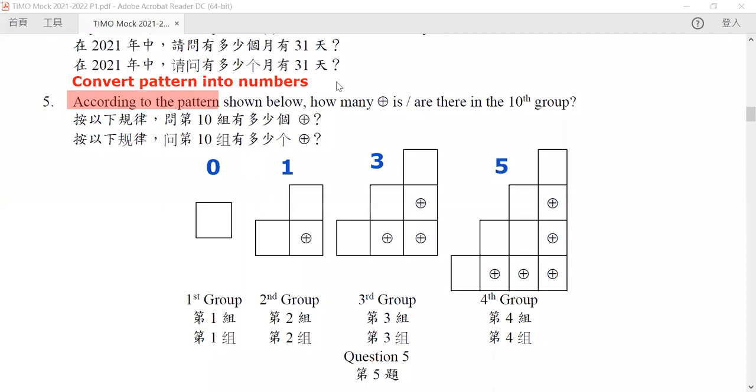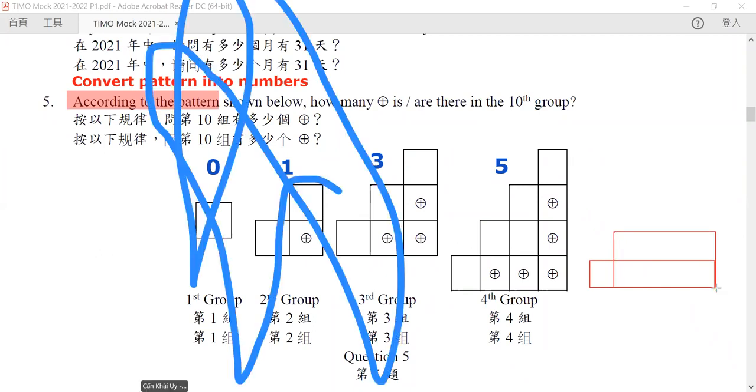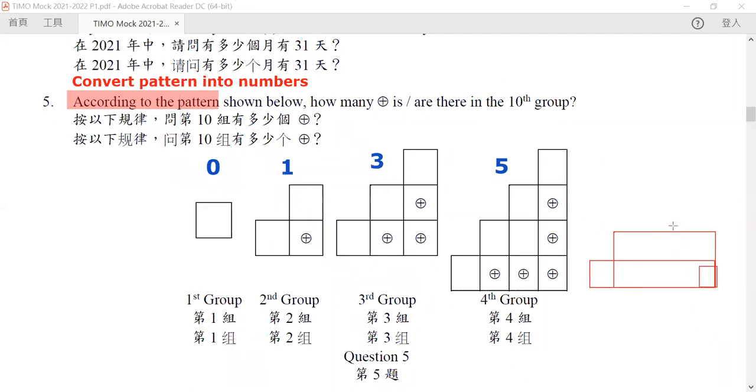sometimes you may not find the rules of this pattern all along. So you may try to draw an extra diagram. Let's say now we draw the diagram for our fifth group.